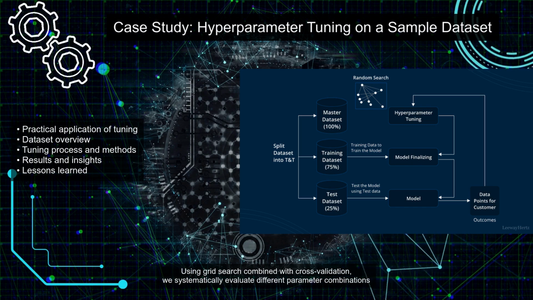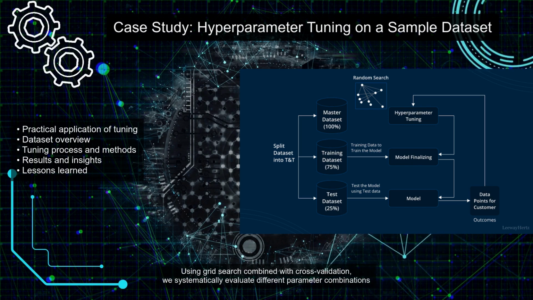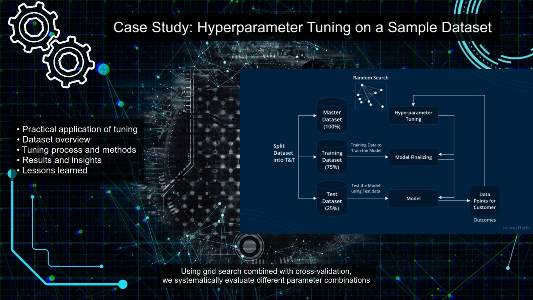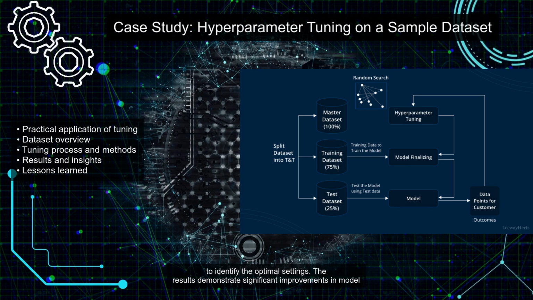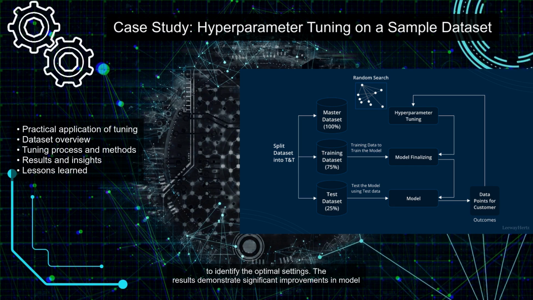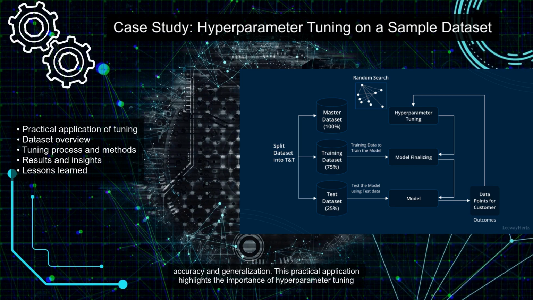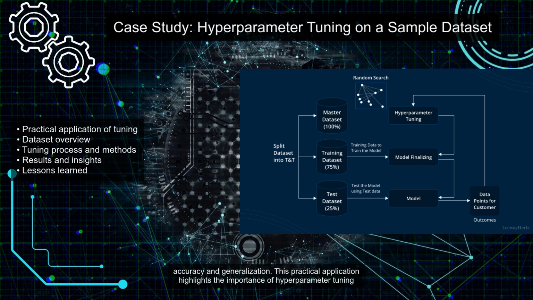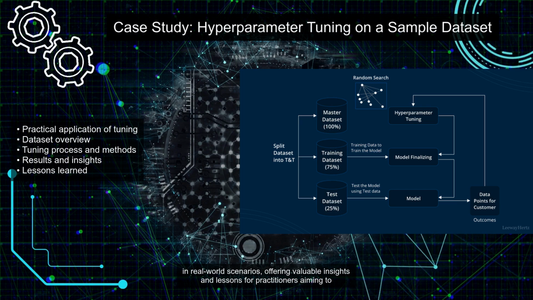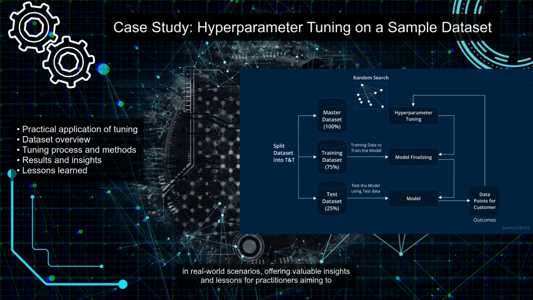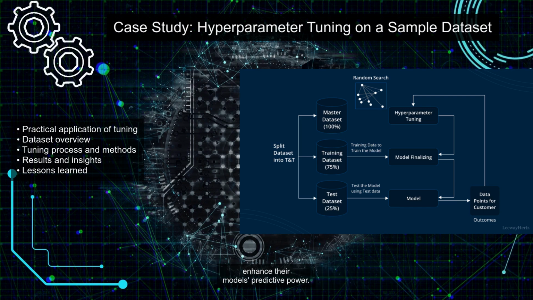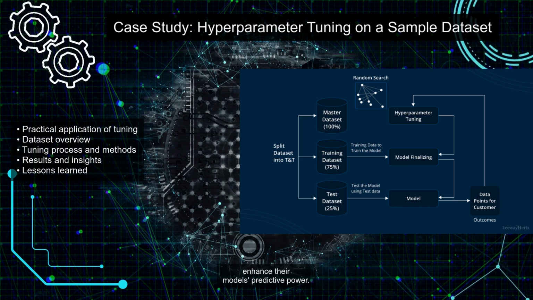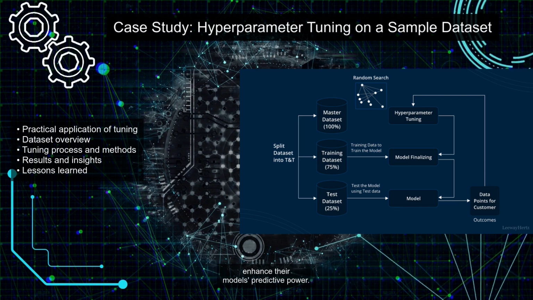Using grid search combined with cross-validation, we systematically evaluate different parameter combinations to identify the optimal settings. The results demonstrate significant improvements in model accuracy and generalization. This practical application highlights the importance of hyperparameter tuning in real-world scenarios, offering valuable insights and lessons for practitioners aiming to enhance their model's predictive power.